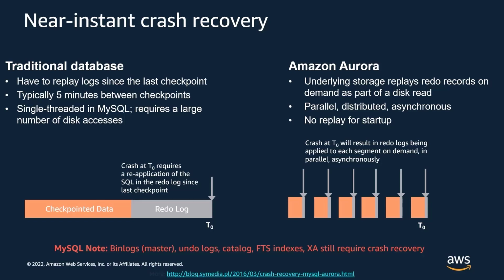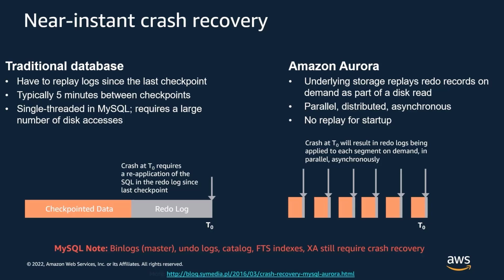Consider traditional database crash recovery. It involves several single-threaded operations like scanning for incomplete transactions and looking for the last checkpoint. This can significantly delay database recovery in case of a recovery from a crash. In case of Amazon Aurora, we have 10 gigabyte storage segments which have their own redo logs.